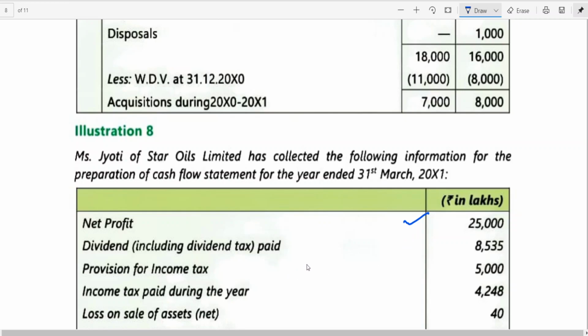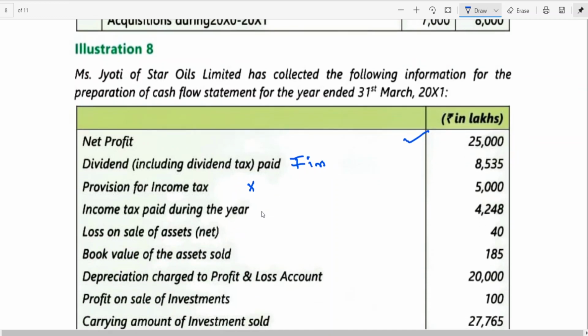Dividend including dividend tax paid is financing activity. Provision for income tax we don't need, actually we discuss later on. Income tax paid during the year has been given. This we deduct after finding out cash generated from operating activities. Loss on sale of assets net has been given.